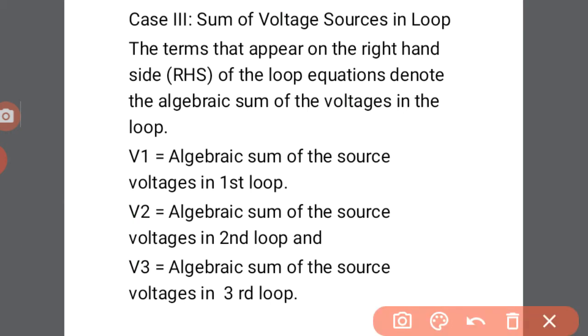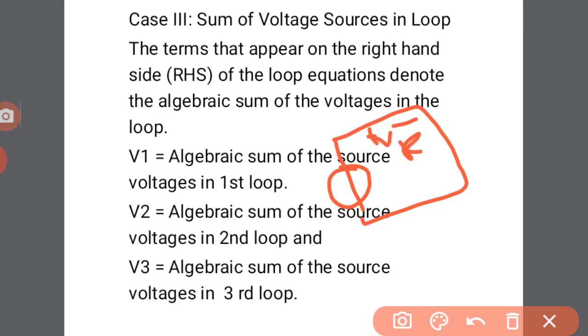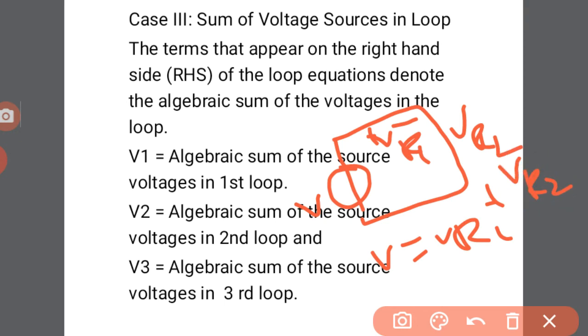Suppose we are considering one loop equation. Here we place one voltage source. Again there is a resistor with a voltage drop, say VR1, and the next one is VR2. So the voltage V is equal to the sum of the voltage drops in the loop, that is VR1 plus VR2. So the sum of voltage sources in loops means the terms that appear on the right hand side of the loop equations denote the algebraic sum of the voltages in the loop.